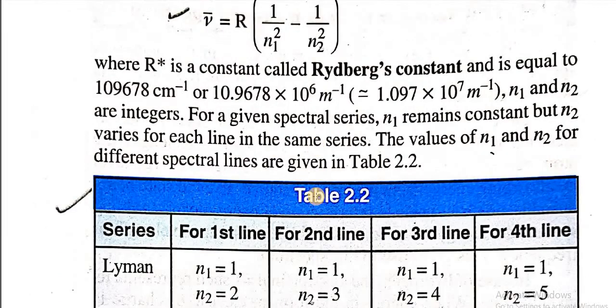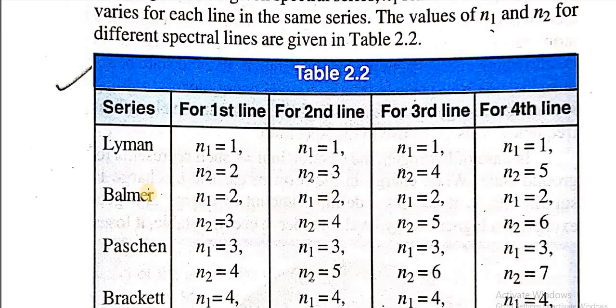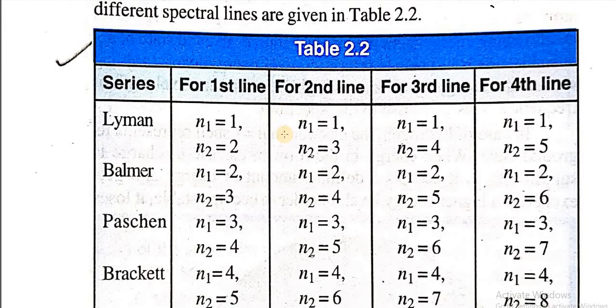Now, as we know, we have 5 series. This table will help you to understand the values, and it will help you while doing the numericals as well. So please make a note in your copy. Series, say for example Lyman series: the value for n1 will be 1 for all, and the value for n2 for the first line will be 2, for the second line 3, 4, 5, like that.